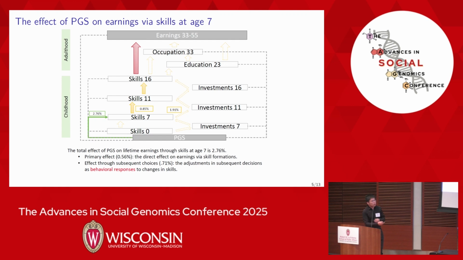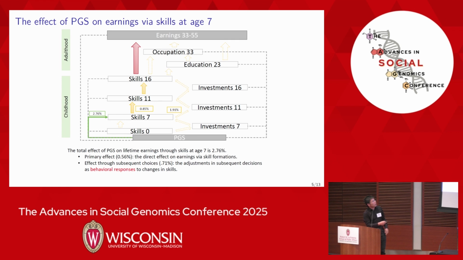The thing we want to focus on is the potential interactions. Let's say I want to understand the correlation between the initial genetic endowments and lifetime earnings via the channel that the genes may affect the skills at age 7, right? Then there are two different types of channels we want to highlight.